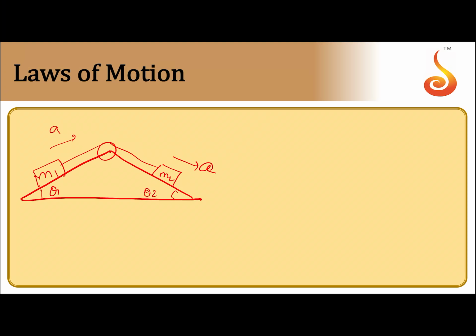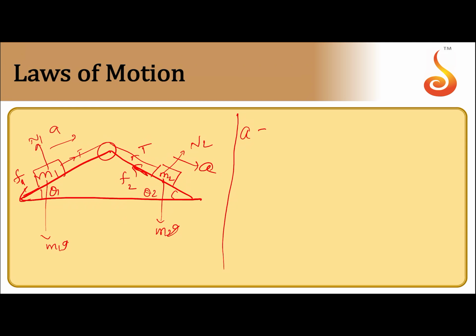If we consider the forces, you will have M1g, tension, N1, force of friction, M2g, N2, tension and force of friction. This is F1 and this is F2. So, upon simplification, you get the following result.